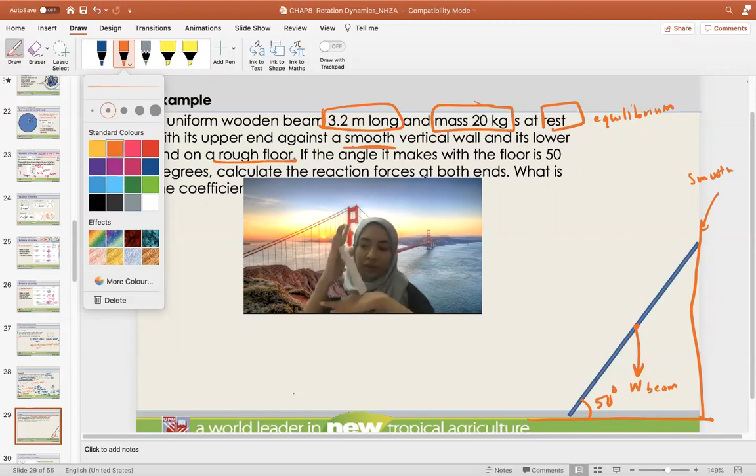Okay, again, my wall is the first one. The point that touches the ground will be the rotation axis, because of the rough surface, right? Correct. It will not move.